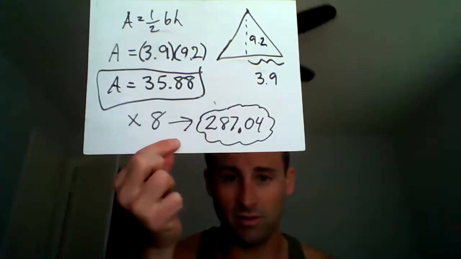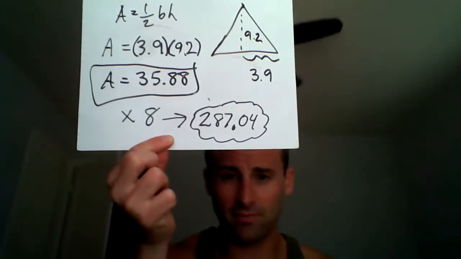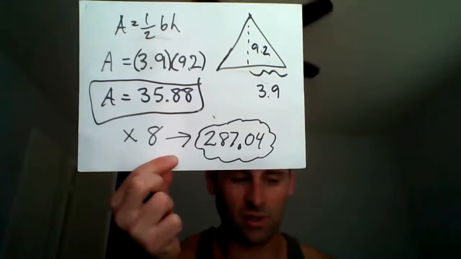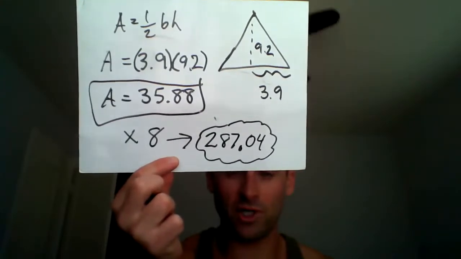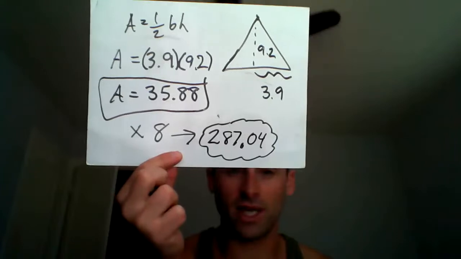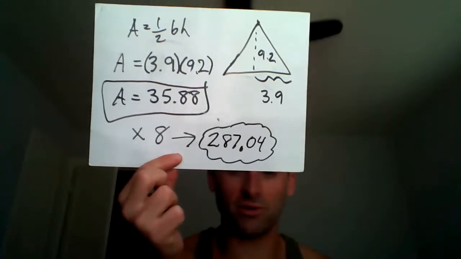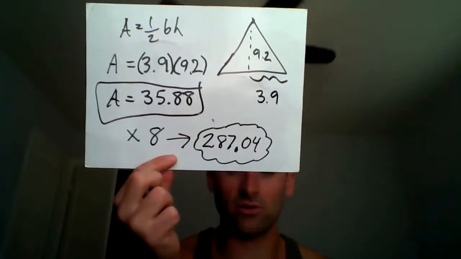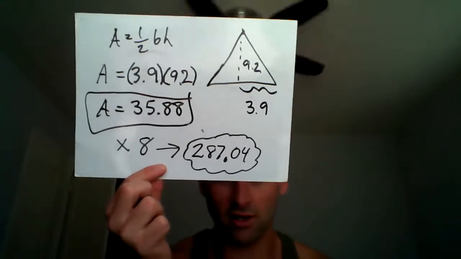So 35.88 times 8 is, so when you multiply that by 8, you should get something like that. Because remember, we wanted the area of the whole thing, which is 8 of those triangles. So we had to break that whole thing into 8 triangles. Then we had to break one of those 8 triangles into 2 triangles, and then go all the way backwards.